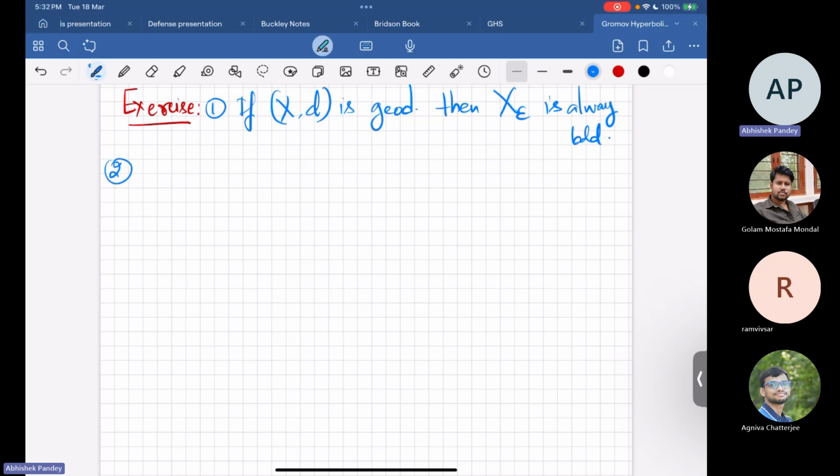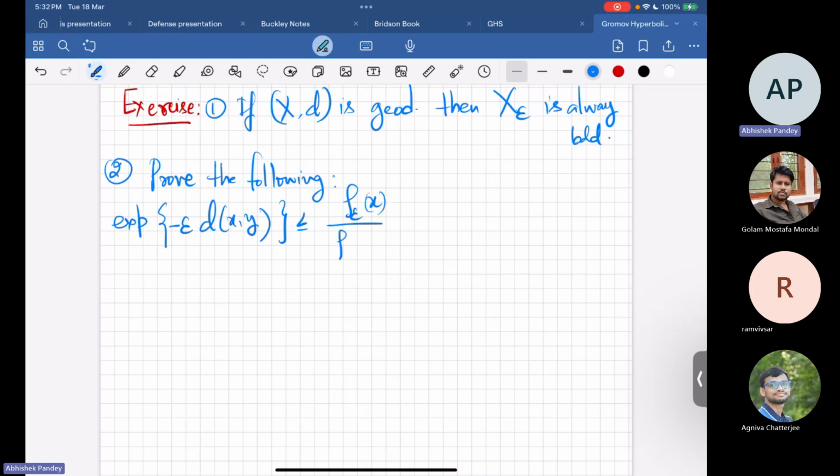We have the Harnack-type inequality. So prove the following: exponential of minus epsilon d(x, y) is less than or equal to rho_epsilon(x) upon rho_epsilon(y). In fact, this is fairly easy to prove.